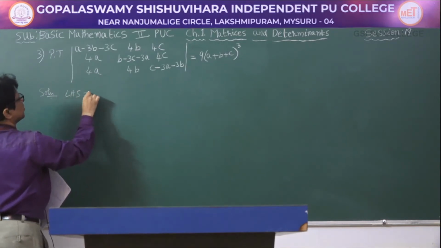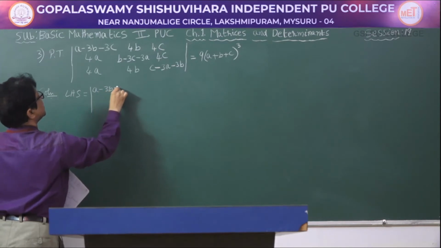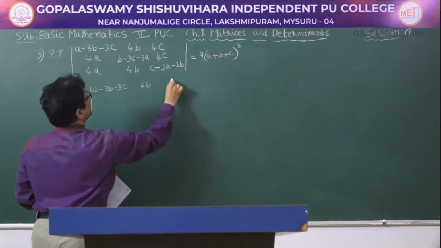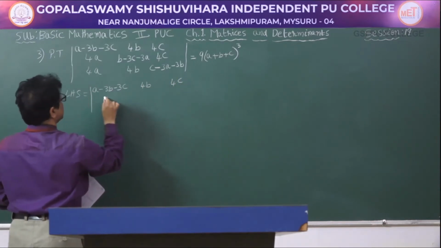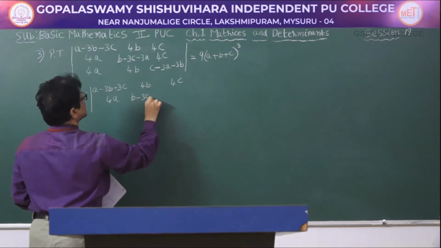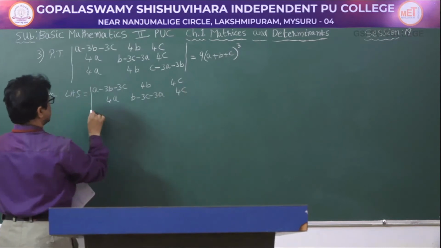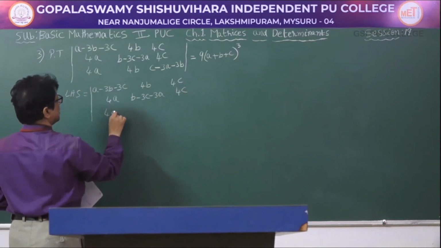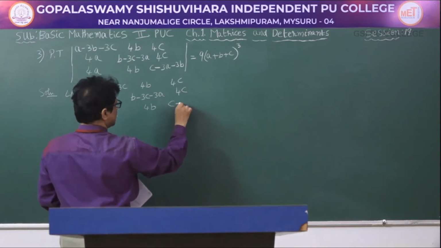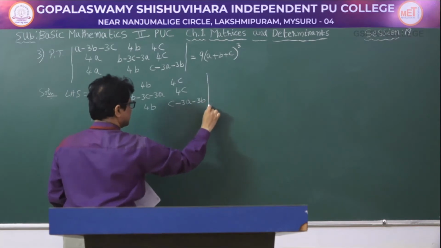So, LHS is equal to determinant of A minus 3B, minus 3C, 4B, 4C; 4A, B minus 3C, minus 3A, 4C; 4A, 4B, C minus 3A, minus 3B.